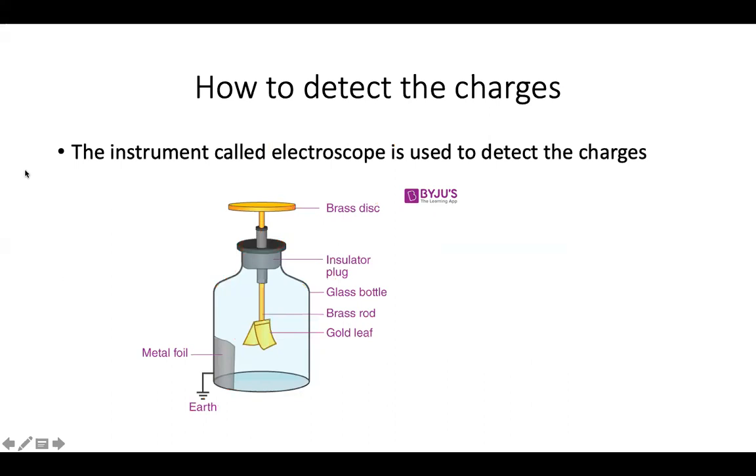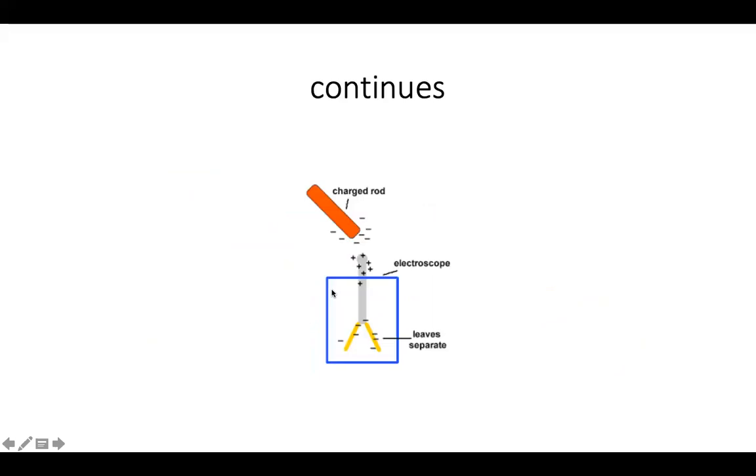In a moment, you bring a positively charged rod. Let's start maybe with a negative charge. We have our negative charge, the rod brought near it. Not in contact, but just near it.